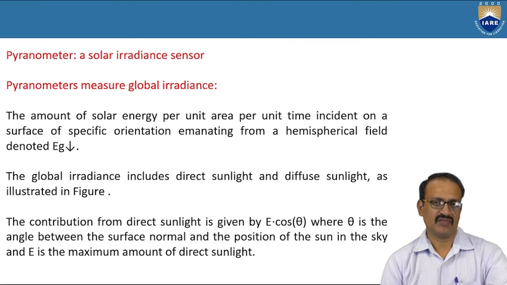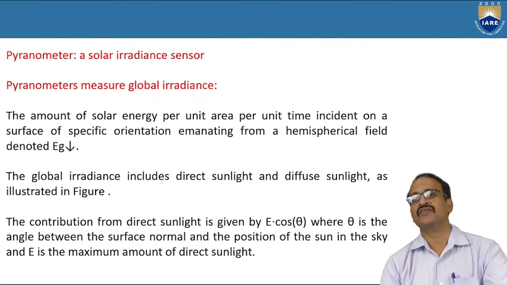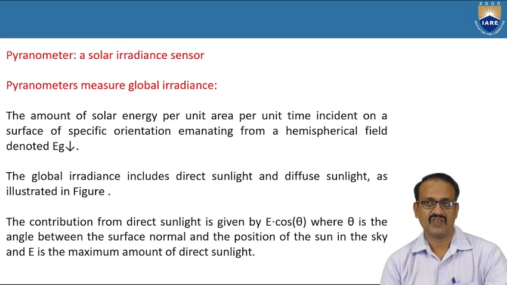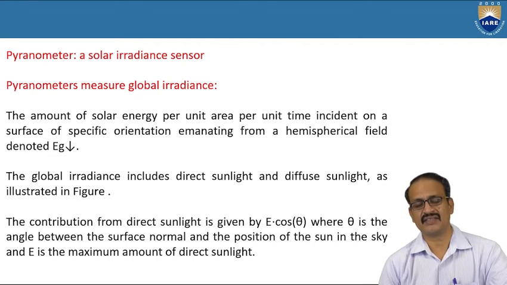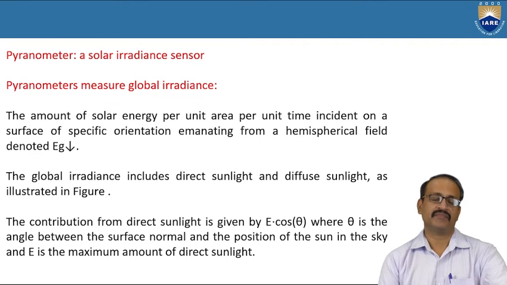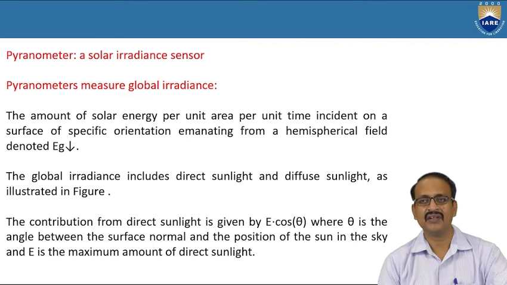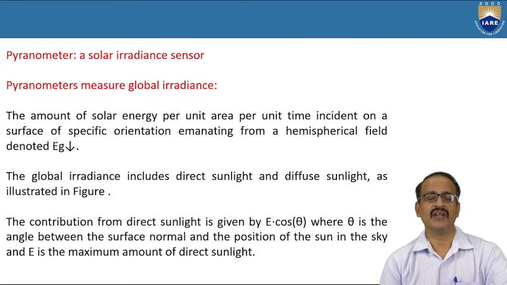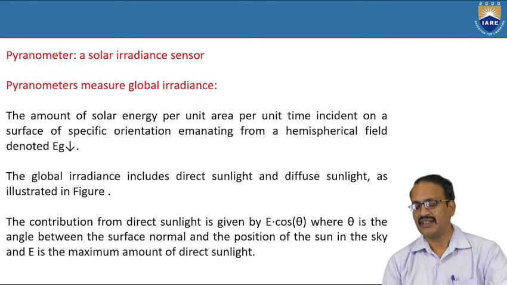So it is direct sunlight plus diffused sunlight that it will give. If you want only direct sunlight, you have to go for a pyrheliometer. Here, you will get only global light, the combination of direct sunlight and diffused sunlight.